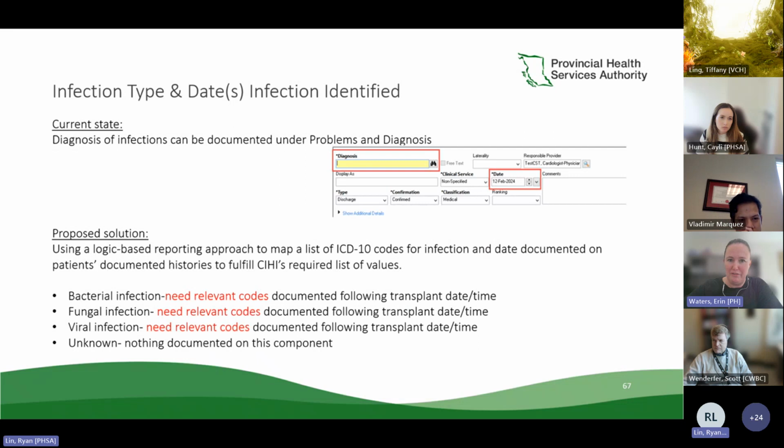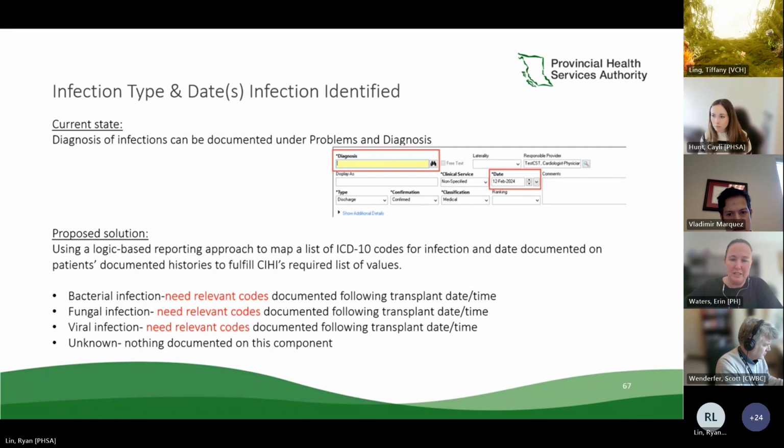Yeah, we have a lot of patients we follow lifelong, and a lot of them don't necessarily live in Vancouver, and a lot of our follow-up is phone calls by nurses. So I wouldn't think every time a patient has a UTI or something, it's necessarily documented under a problem and diagnosis. It might just be under a narrative note.